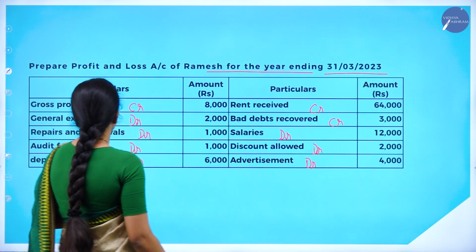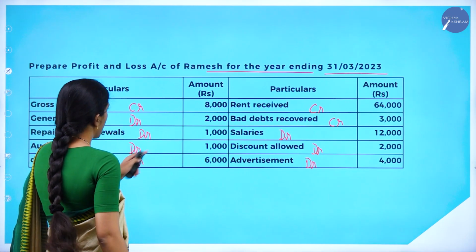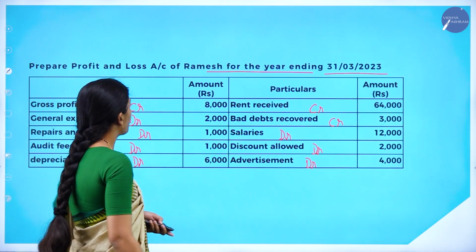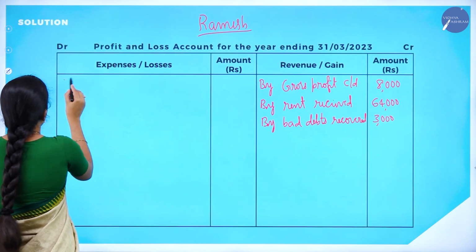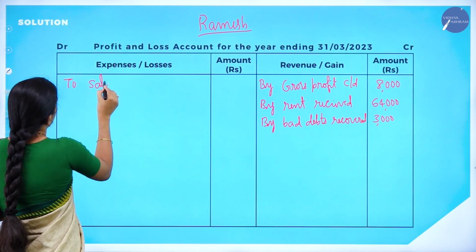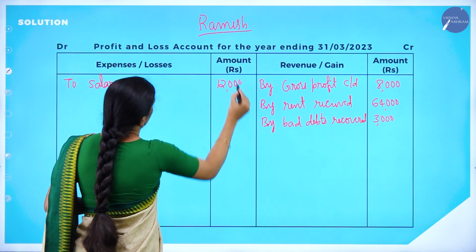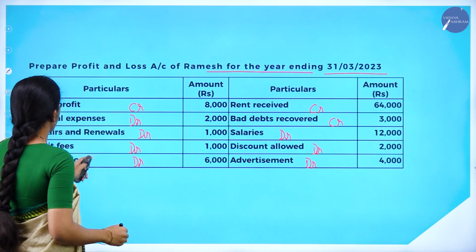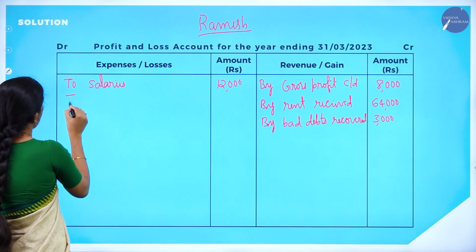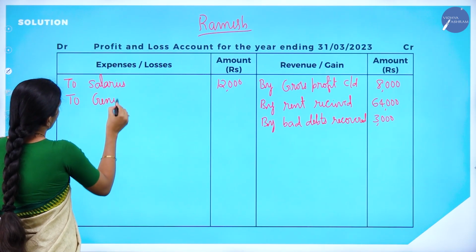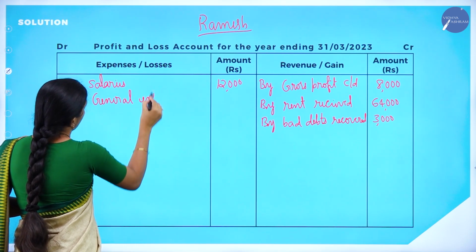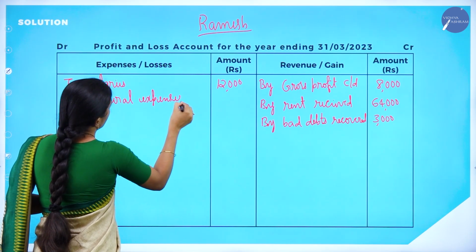Now coming to your debit side, so we shall start with your salaries. Salaries is 12,000. To salaries, 12,000. Then to general expenses, 2,000.